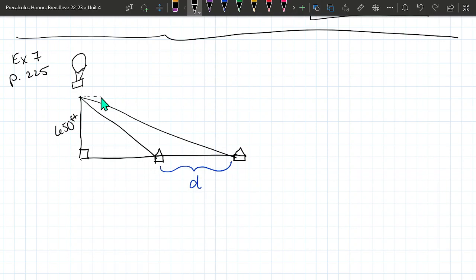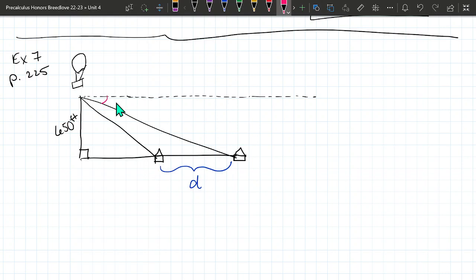So from the balloon, we need a horizontal line. And then we can do the angle of depression going down from the horizontal, so you're in the balloon looking down. So from the horizontal looking down to the first house, angle of depression.